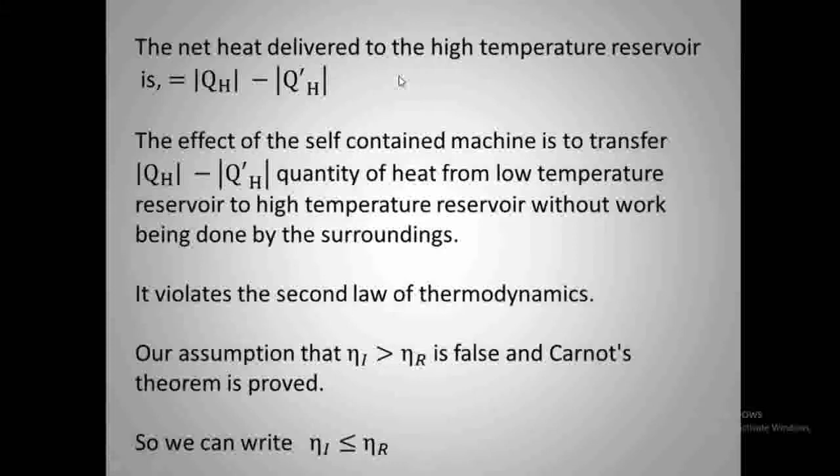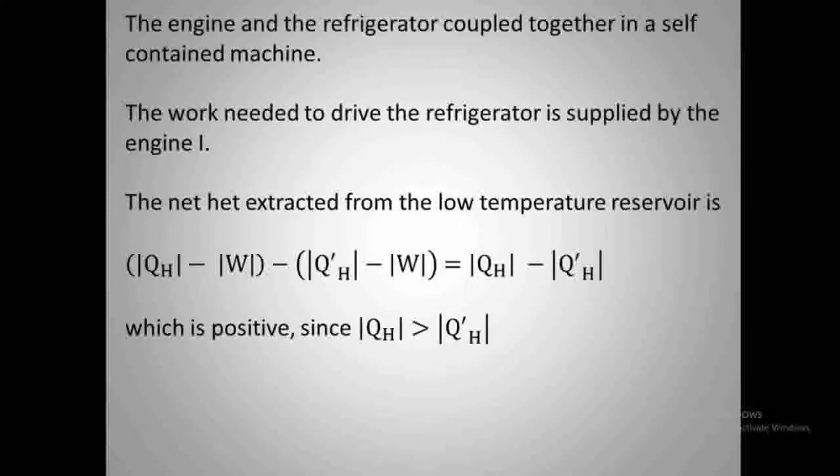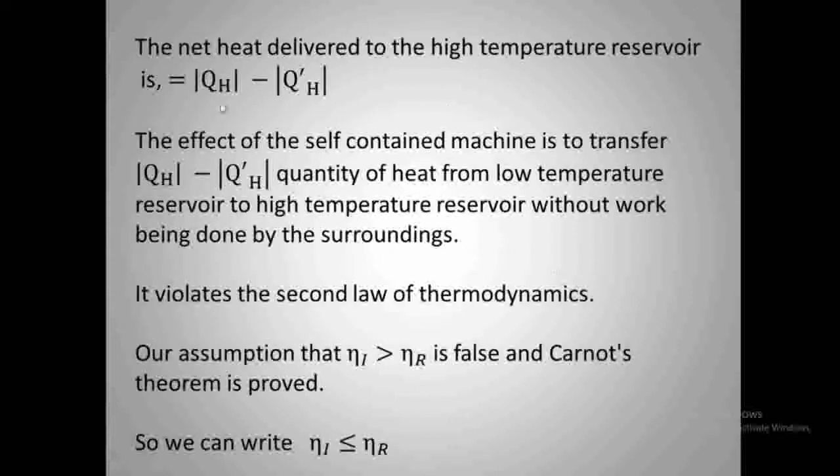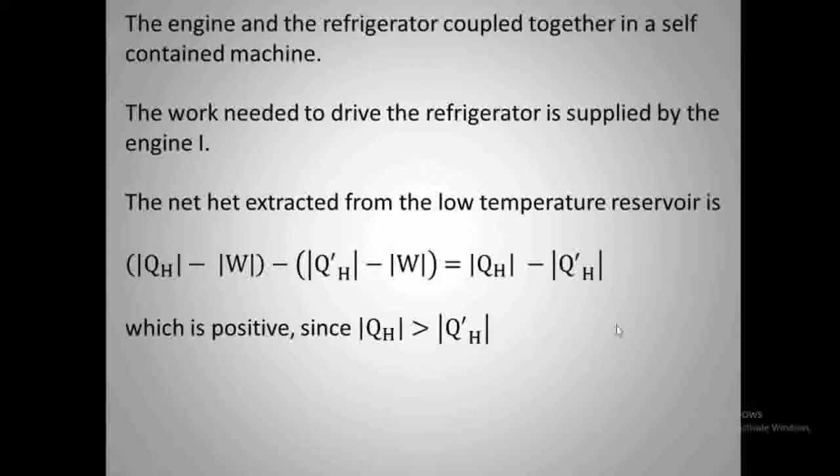But here the net effect is, because the heat extracted is QH minus Q dash H, the heat delivered is QH minus Q dash H. If this heat is extracted from the low temperature reservoir with the help of an external work, then this work plus this heat should be transferred to the high temperature reservoir.